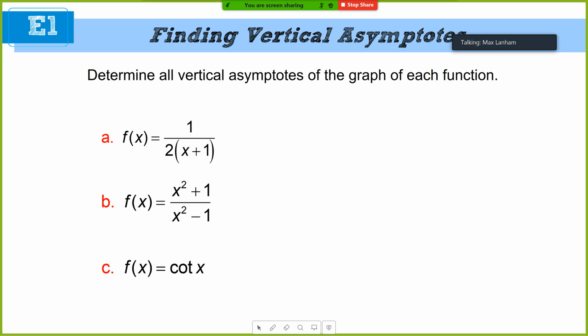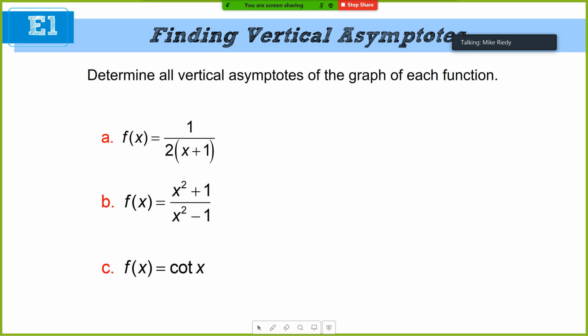Not only the second one, but the third one, and the fourth one, and the fifth one, and the sixth one, etc. Pi and 2 pi, 3 pi, 4 pi, 5 pi, -2 pi, -3 pi. It is a periodic function, so you generate an infinite number of vertical asymptotes.